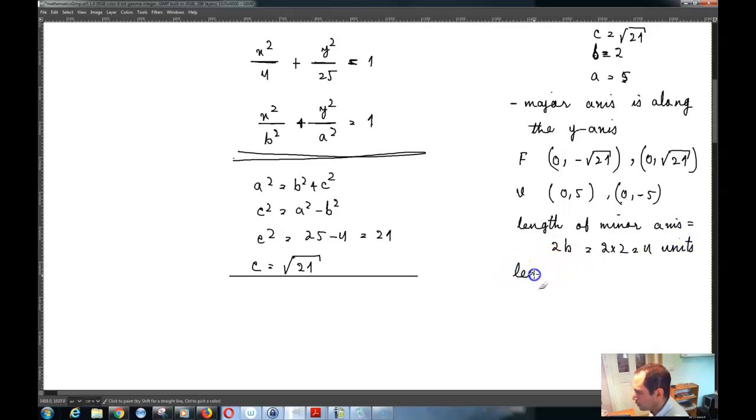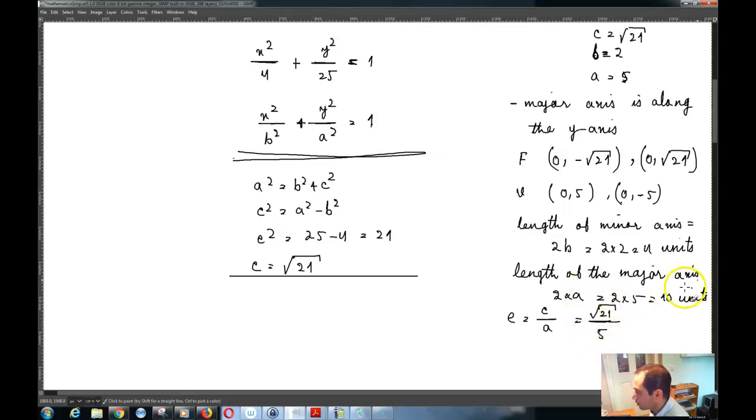The length of the major axis is 2 times a, which is 2 times 5, which is 10 units. The eccentricity is equal to c divided by a, which is square root of 21 divided by 5.